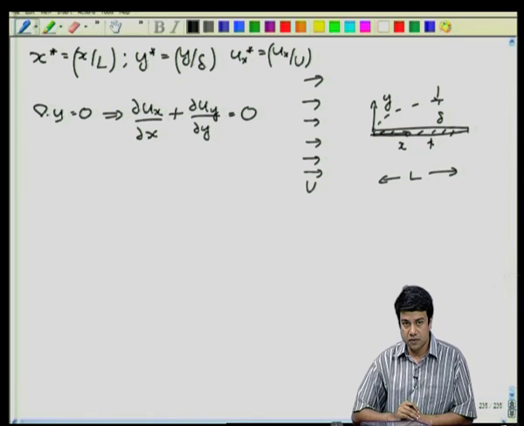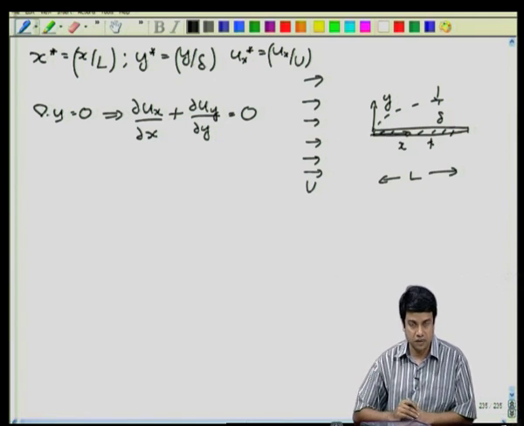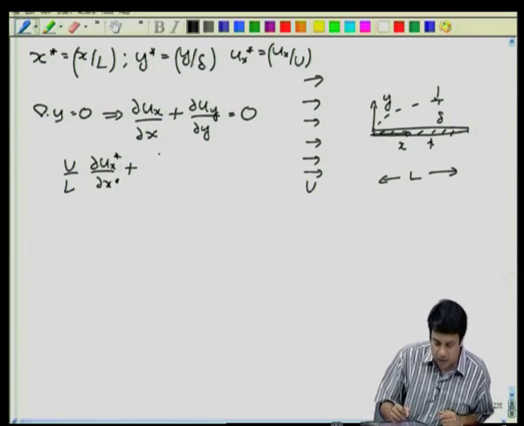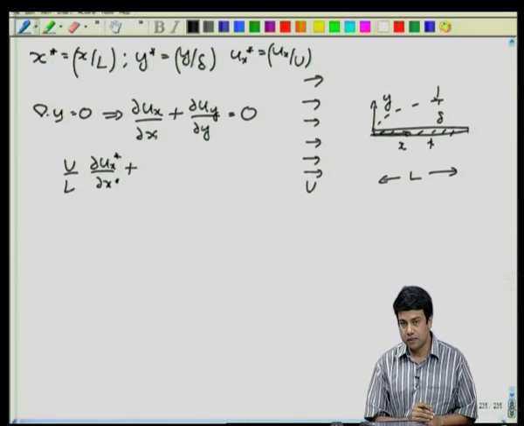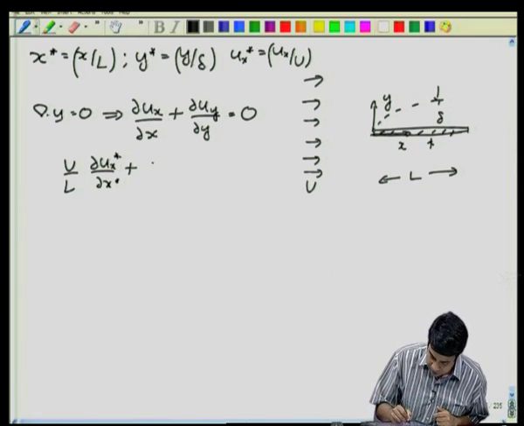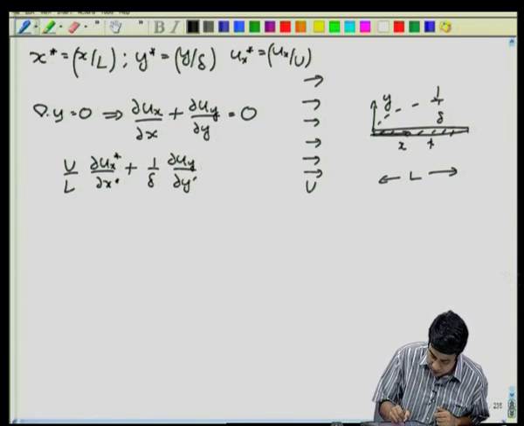So, ux is equal to capital U times ux star and x is equal to capital L times x star. I will get U by L partial ux star by partial x star plus, I do not yet have a scaling for uy, but I will scale delta and then from that determine the scaling for uy. So, this becomes 1 by delta partial uy by partial y star is equal to 0.